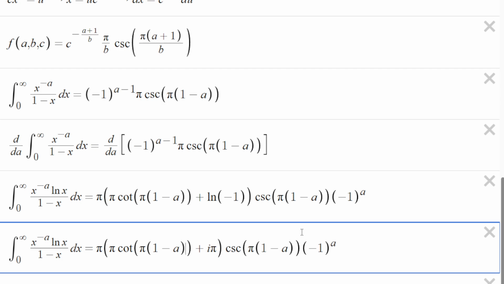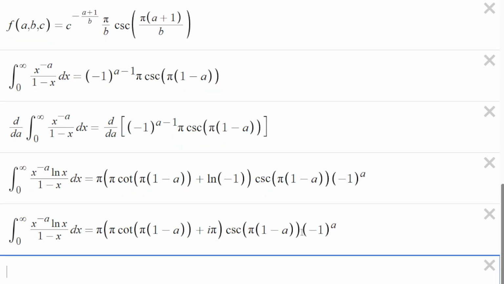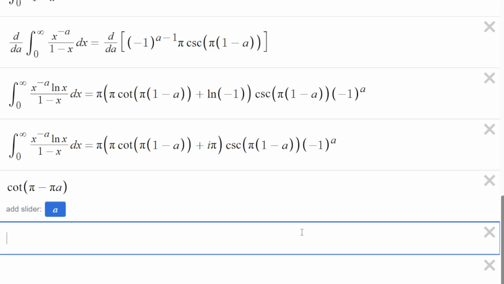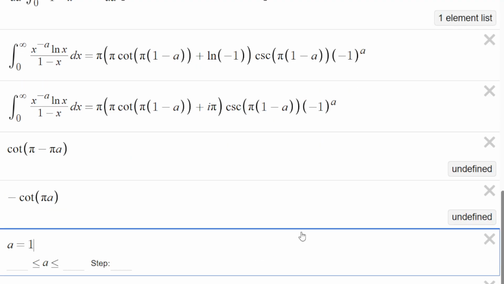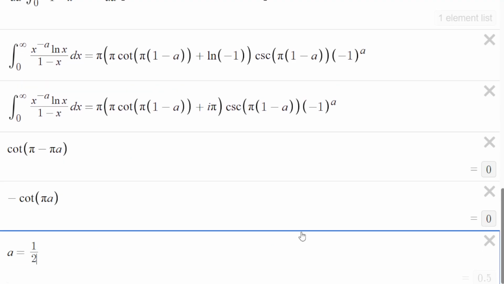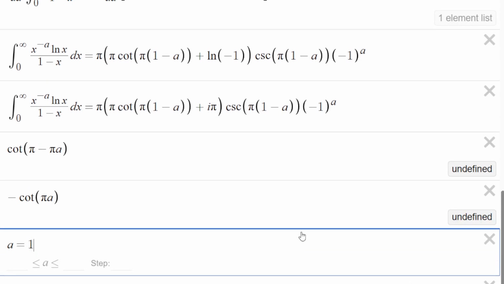All right. Now there is an identity for this. Cotangent of pi minus pi a, I believe that is negative cotangent of pi a. Let's see. Yeah, it is. Okay.